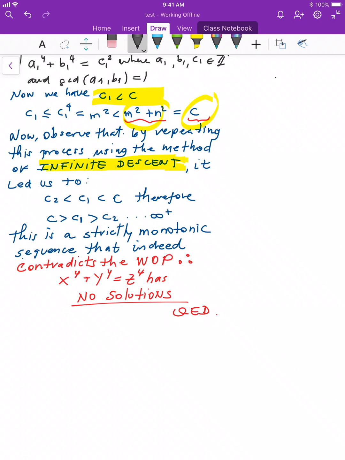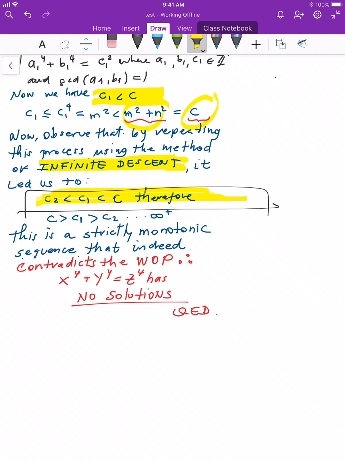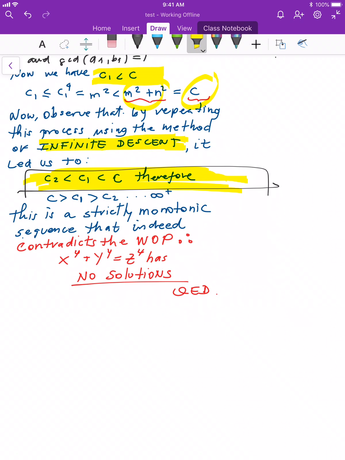Using the method of infinite descent, it led us to this. And now we can conclude, we're just flipping the inequality.